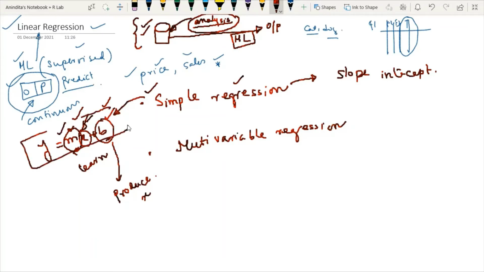Since it is a linear equation, this is the ultimate objective of simple linear regression.